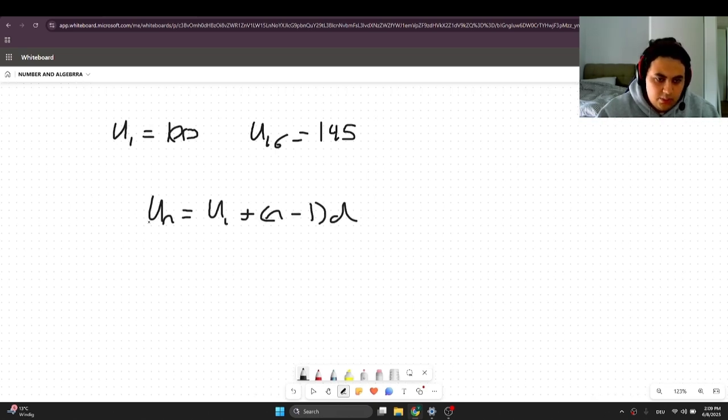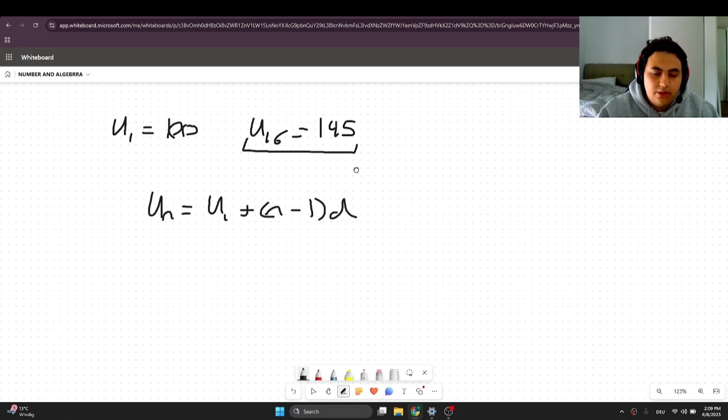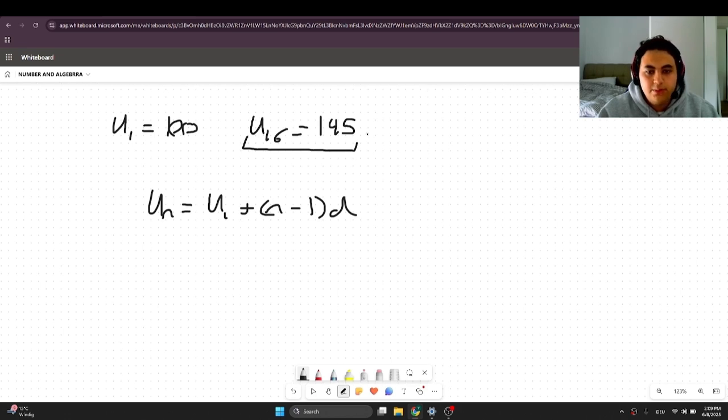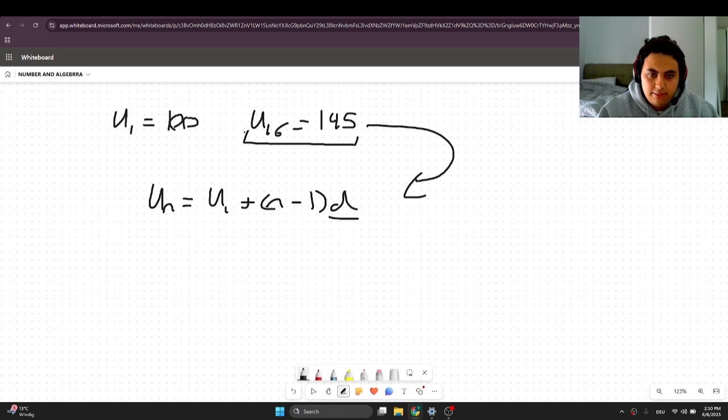Now, we know u1 is 100, and we know that u16 is equal to 145. We're going to plug these values into our formula in order to find d, because if we plug in this value, we know what the nth term is. We're going to know what n is, yeah, n minus 1, what is it going to be?